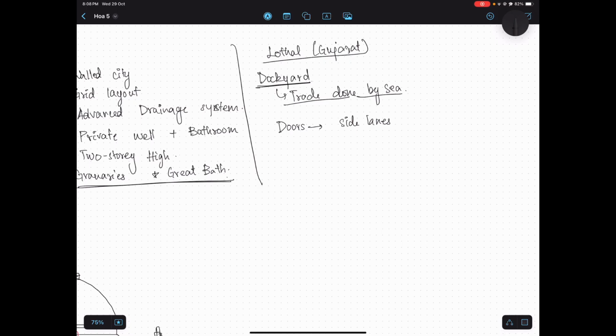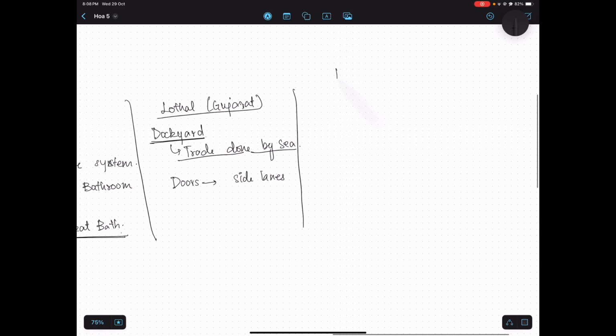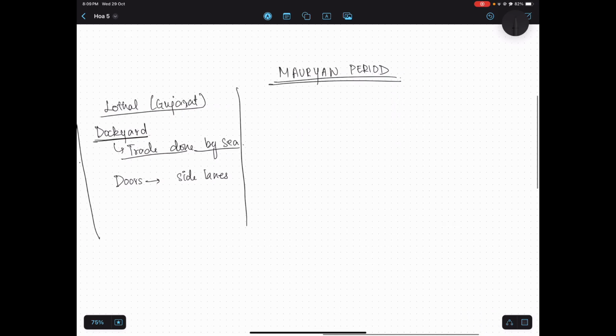Then we can go on to the Mauryan period. I'm not gonna explain in detail about the Mauryan period, just certain things that were said about it: it was deeply influenced by the Persian and Greek.